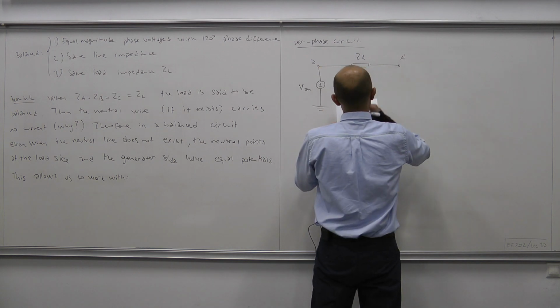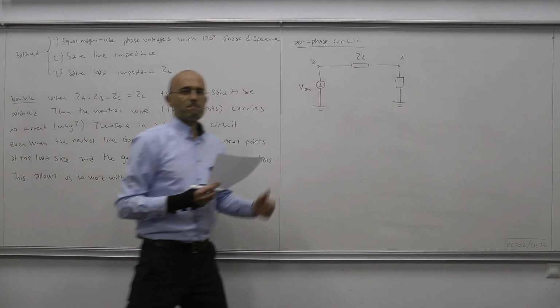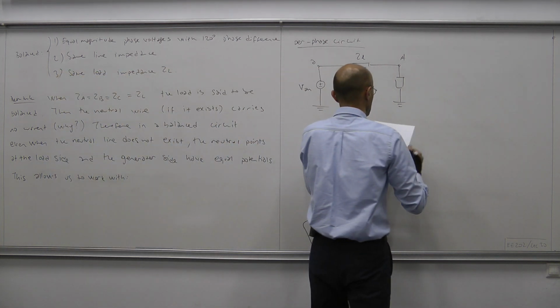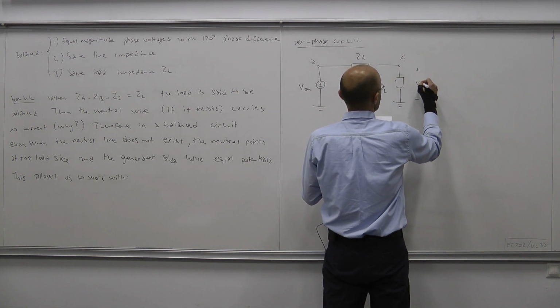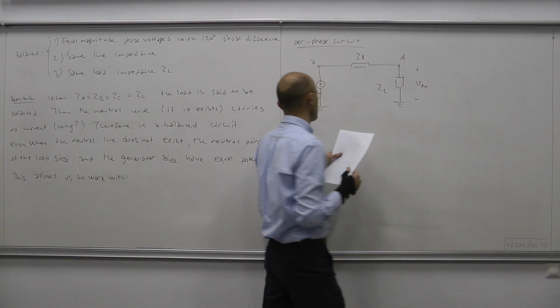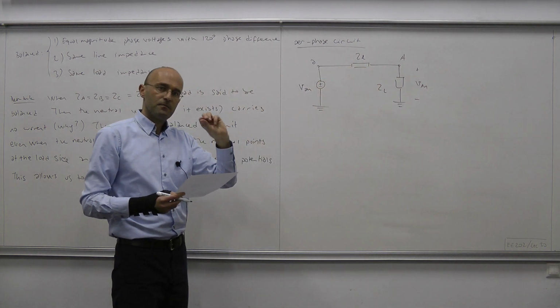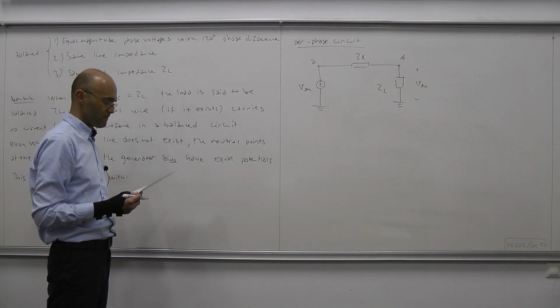This is node capital A, and this is one of our per-phase loads, capital ZL. And this voltage here is VAN. The ground node is the terminal N, or the neutral node in our Y-to-Y circuit.